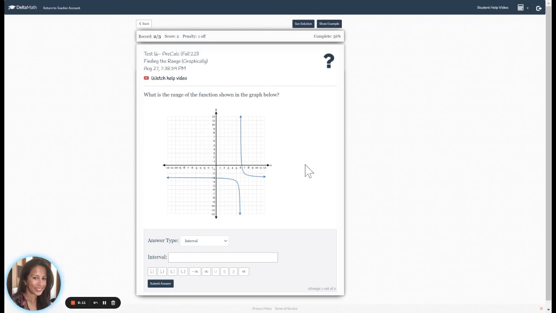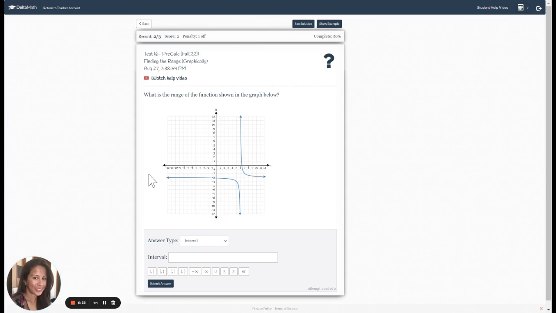Let's try another problem. Here, this is a discontinuous function. So we need to focus on going from here, negative infinity, all the way to positive infinity. I want you guys to notice that there's a break in this function.